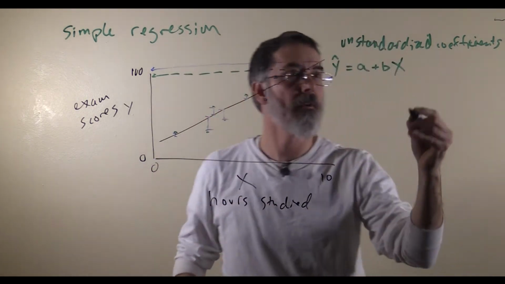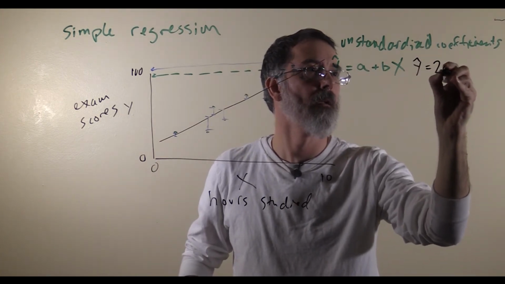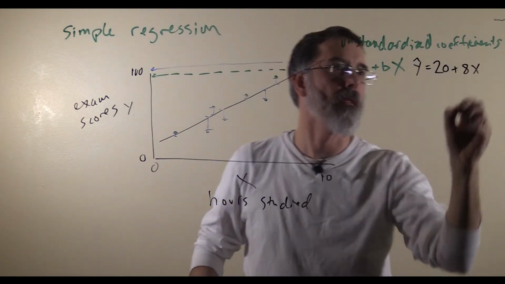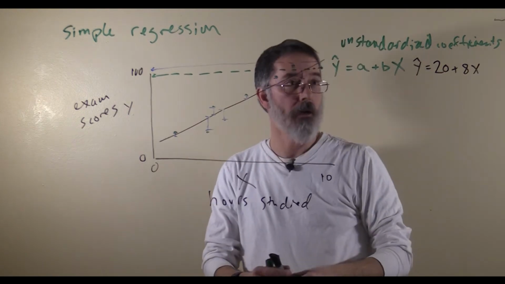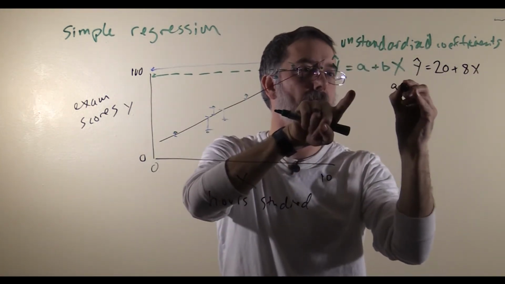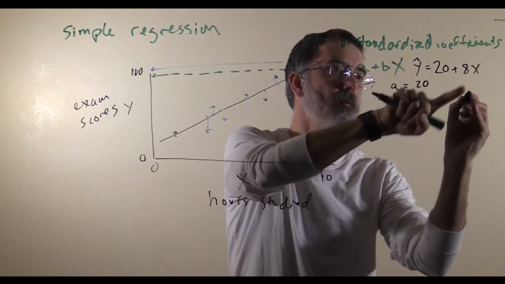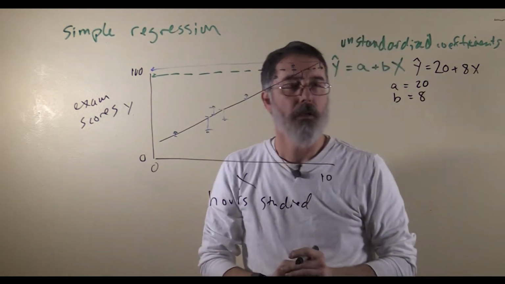And for this example, we said that looked like that. Right, so here we said for this, a equals 20 and b equals 8.